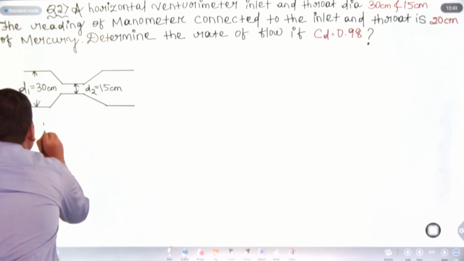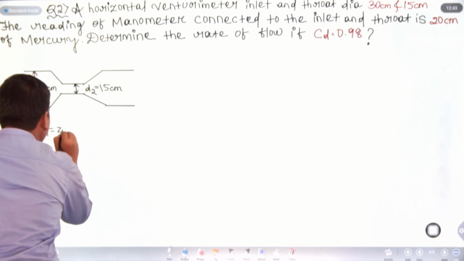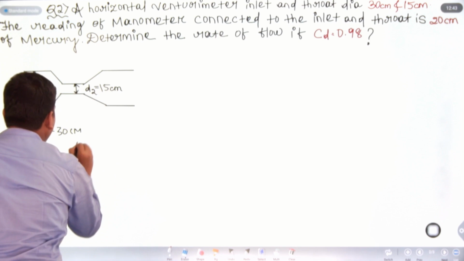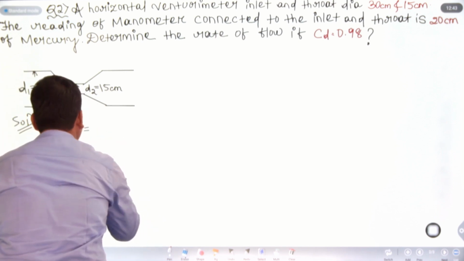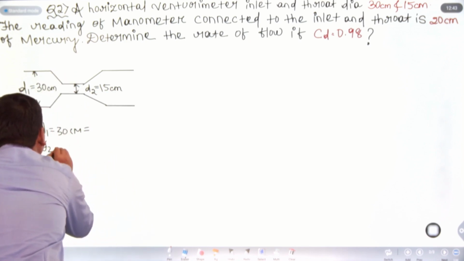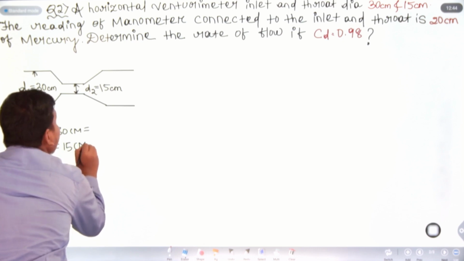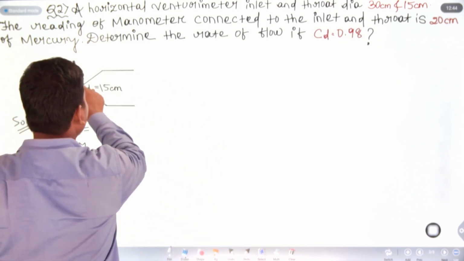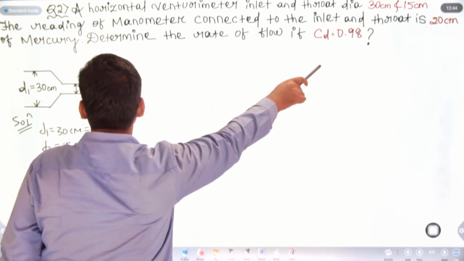Your D1 is equal to 30 cm. D2 is equal to 15 cm.